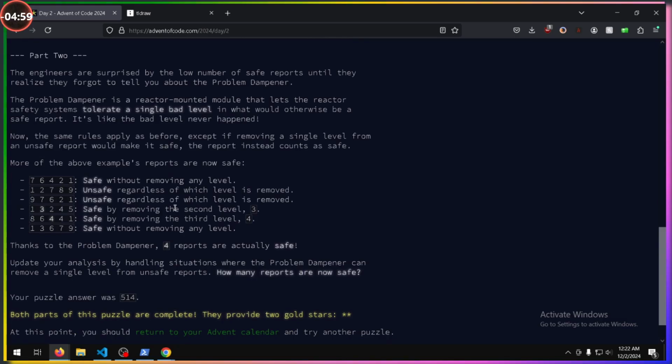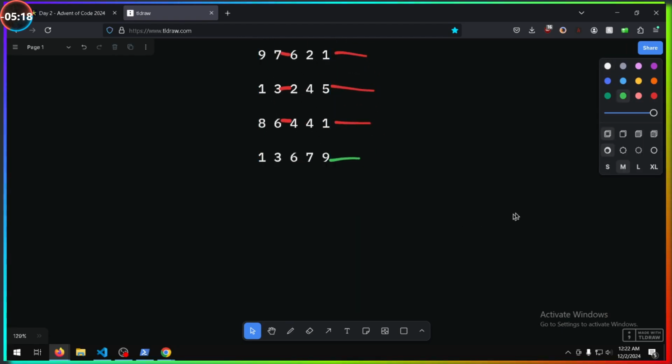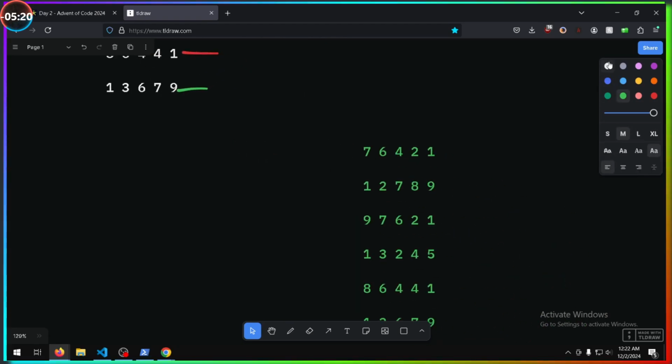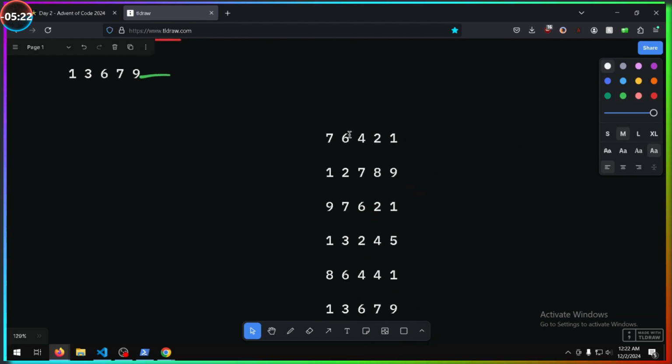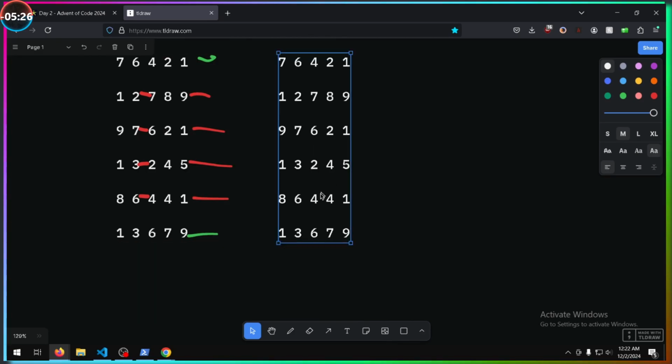Part 2 of this is them saying, hey, imagine you can remove any floor. Say you remove that floor. Is it now valid? Now, that's probably a more efficient way of what I did, but it was basically just looking at it and being like, hey, the thing that made you invalid. So if we look at the invalid ones, let's just bring them straight across.